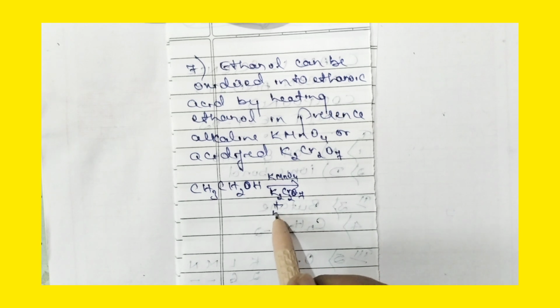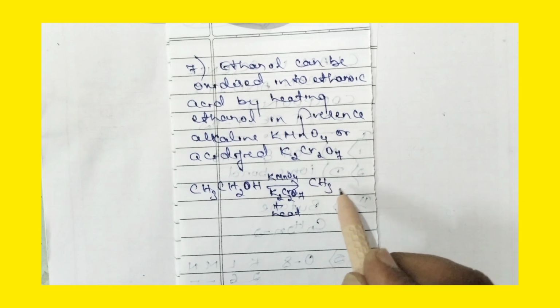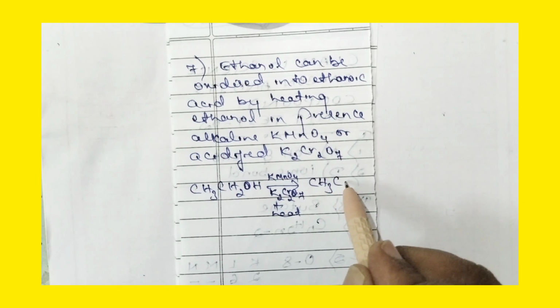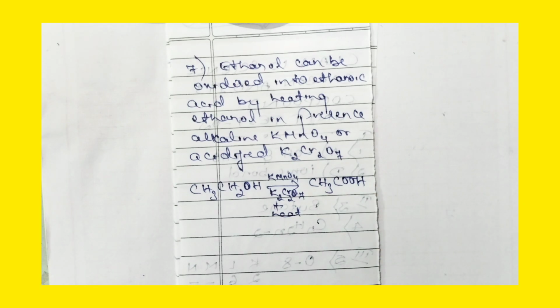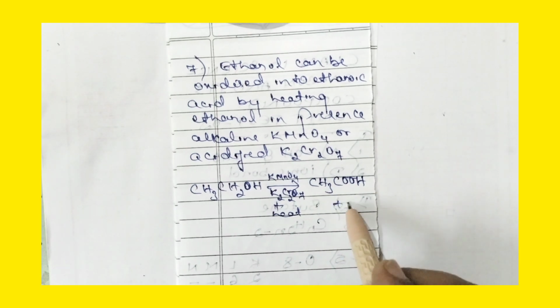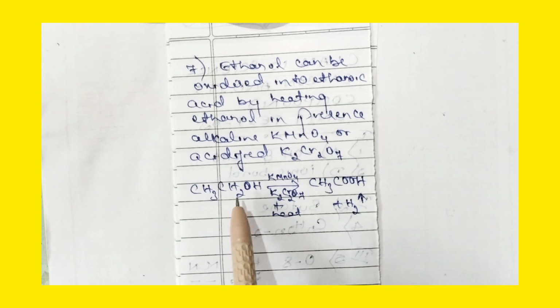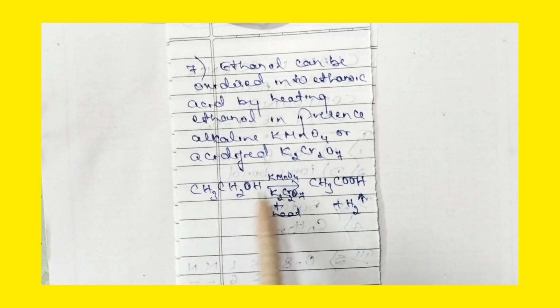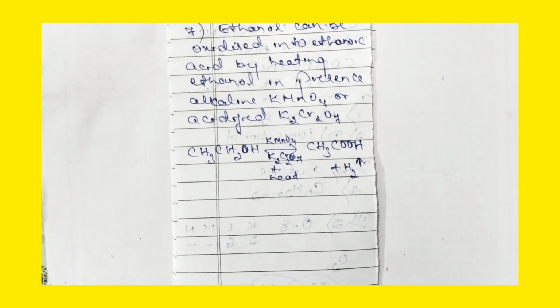When it is heated, it is converted into ethanoic acid, CH3COOH, plus H2. Hydrogen is liberated. Since hydrogen is removed and oxygen is added here, it is called an oxidizing agent reaction. So converting ethanol into ethanoic acid is an oxidation reaction.